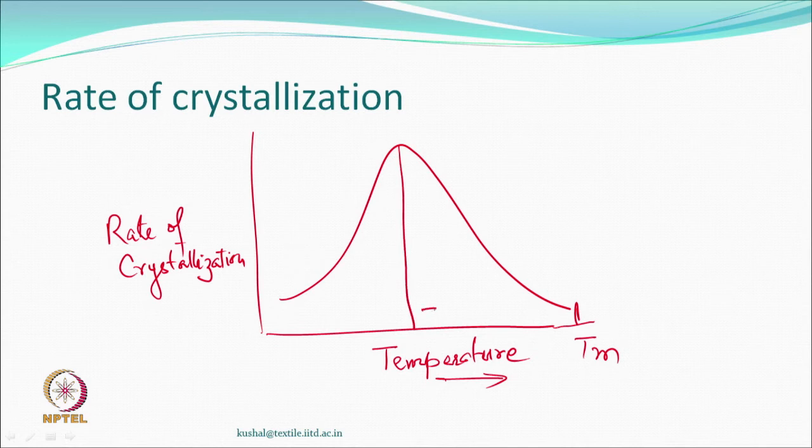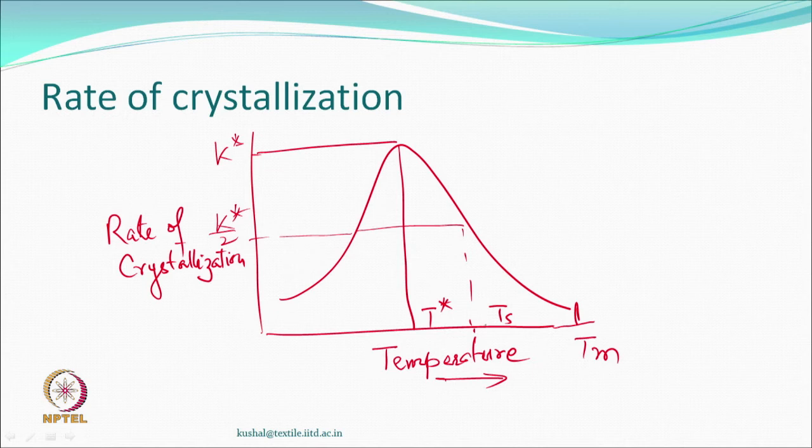This temperature, if we call it T star, is the temperature where the rate of crystallization is maximum. All right. So, theoretically, if this is the rate of crystallization K star, and we go to somewhere around half the width, which is K star by 2, approximately this temperature is maybe a softening temperature.